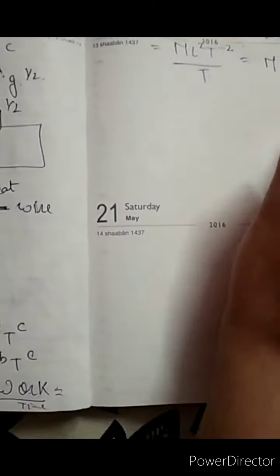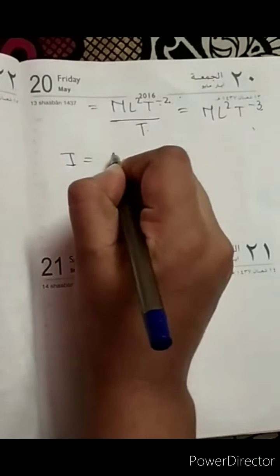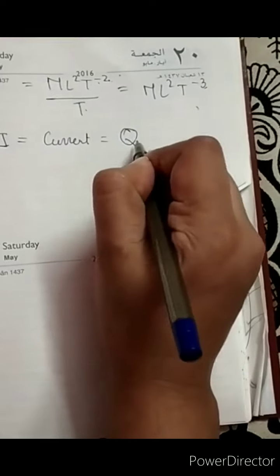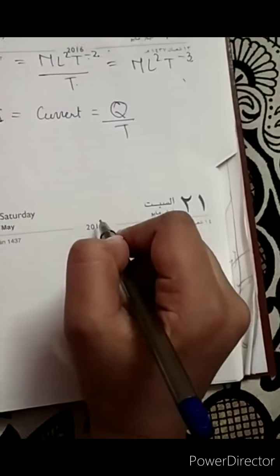Now, what is current? We derived heat in MLT form. Now we have to go with these expressions. This is our I, I is our current. What is current? Current is charge per unit time. Now charge doesn't have dimensions in MLT form.